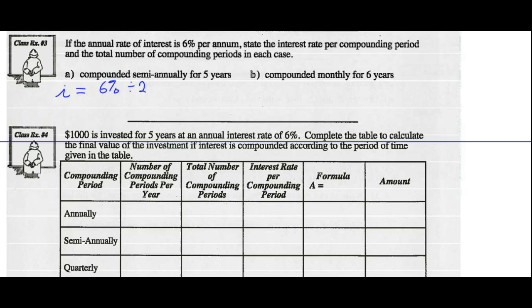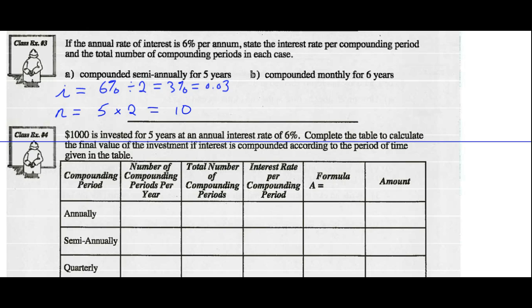So it becomes 3%, or as a real number, 0.03. And n, the number of compounding periods, well, we're doing this for 5 years, twice a year, so there are going to be 10 compounding periods.